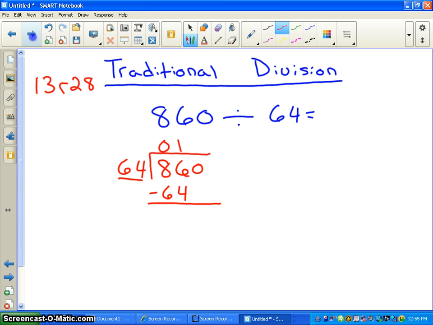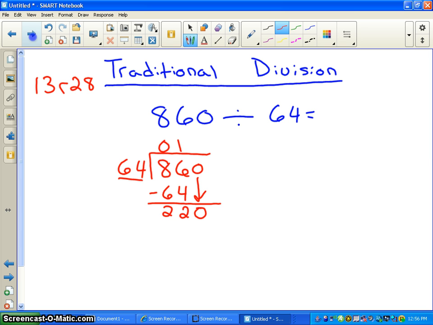And then I subtract. Don't worry about that 0 quite yet. We'll get to it. I know that 6 minus 4 is 2. I know that 8 minus 6 is 2. When we're done with that, we bring down the 0. I know that that's 220.